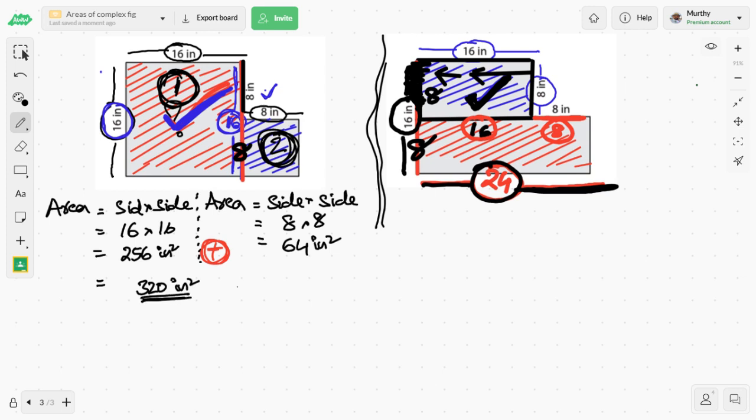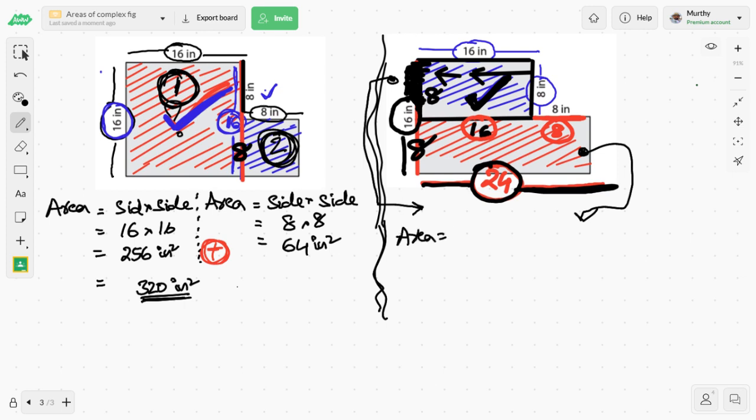Now I solved it this way. How about if I solve this one in the second method? In the second method, I see that there are two figures. So this is the area of the first one, and next this is the second one. Let me compute this way. What is area?